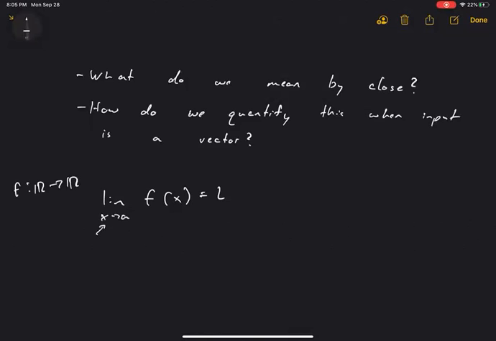So what does it mean when x is approaching A, like this, x arrow A? It means that this absolute value |x − A| is getting small. It's going to 0.